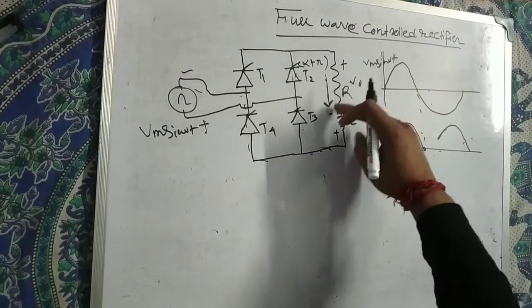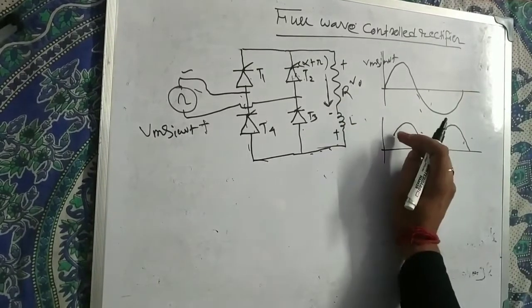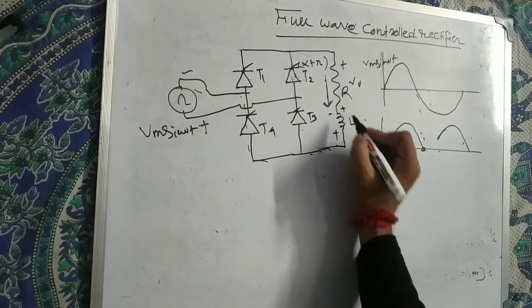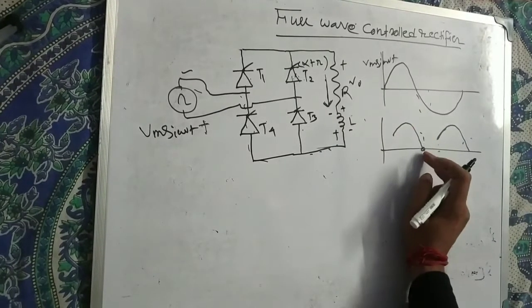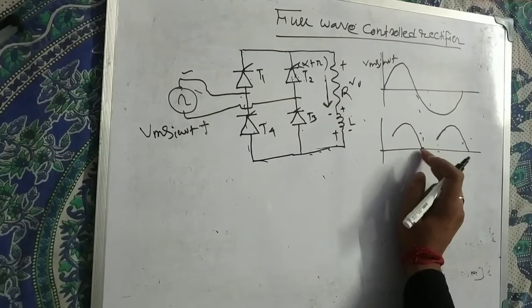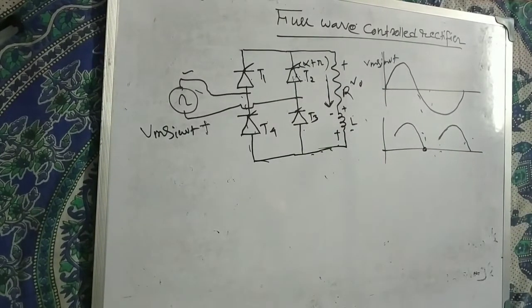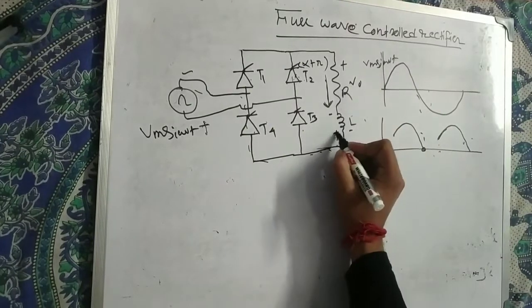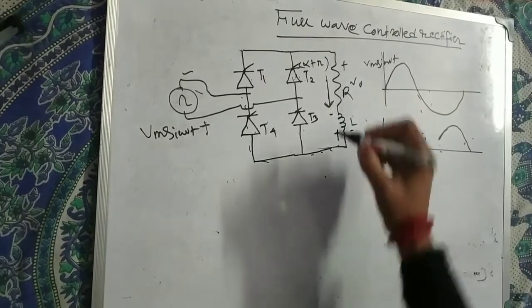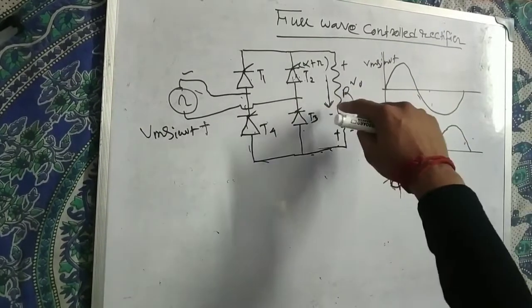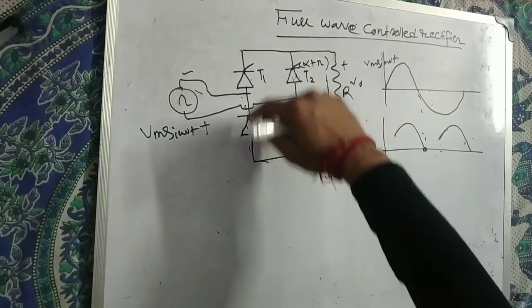In the first cycle, from alpha to pi, the inductor charges in this polarity. When there is no voltage from the source, the inductor changes its polarity in this direction so that it can force the current to flow in the same direction.